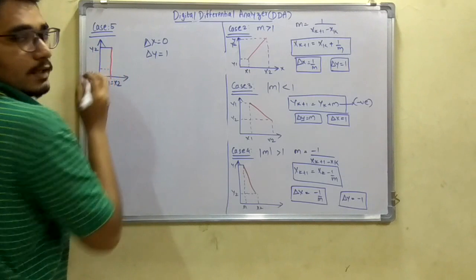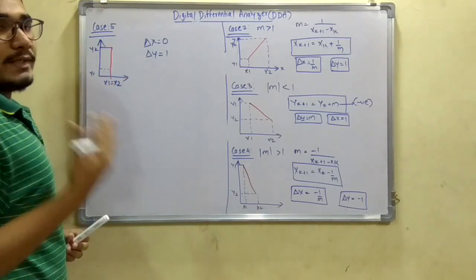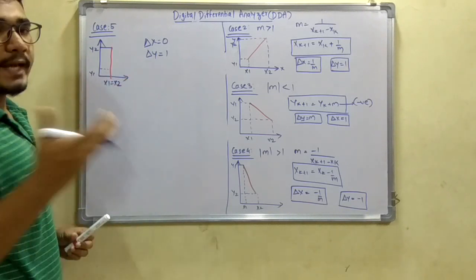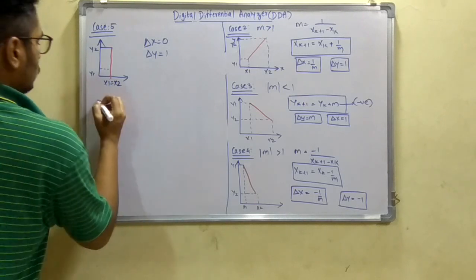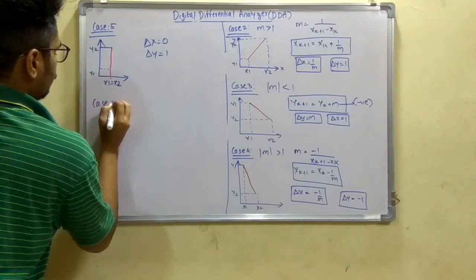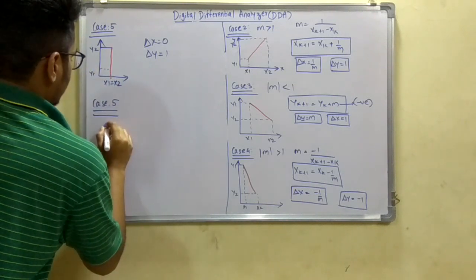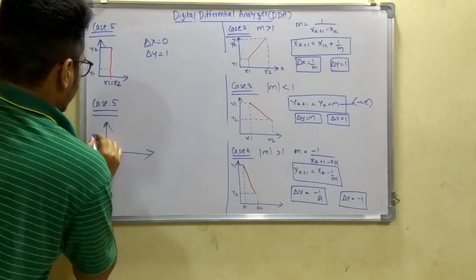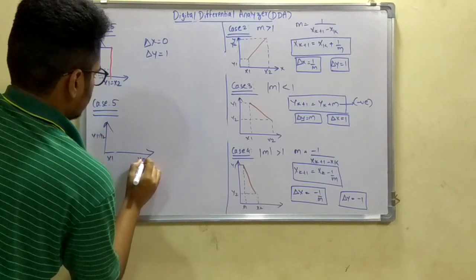So this is the line for case 5, when x1 is equal to x2, or you can say in easier terms, delta x is equal to 0 and delta y is equal to 1. We can do the same for the x-axis, that is, you consider y1 is equal to y2, and here you have x1 and x2.